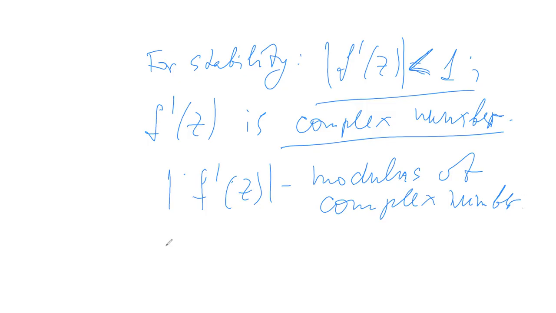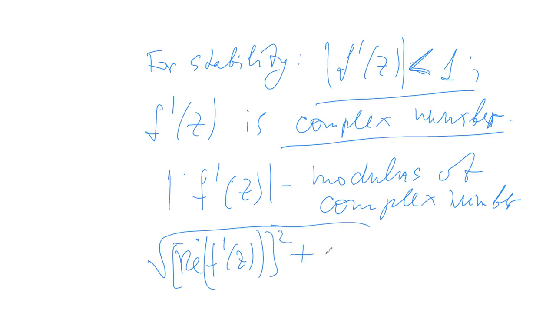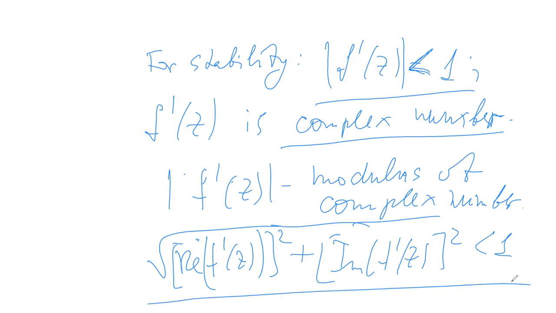What it means is the square root of the real part of f prime squared plus the imaginary part of f prime squared. This should be less than 1. It will always be positive, but it should be less than 1 for stability.